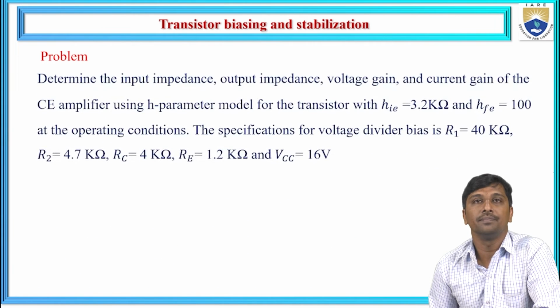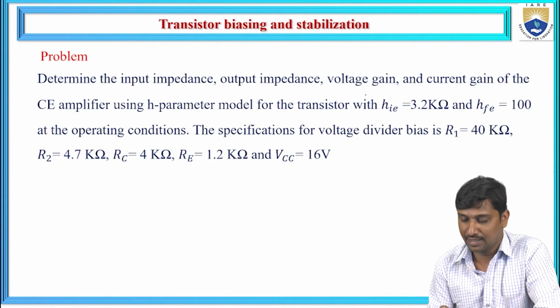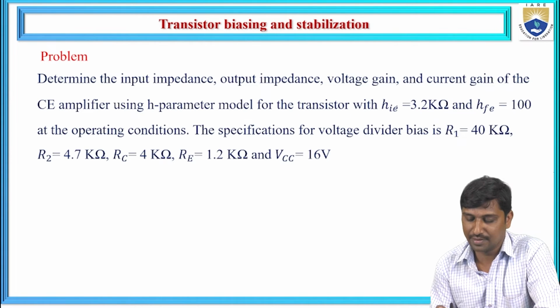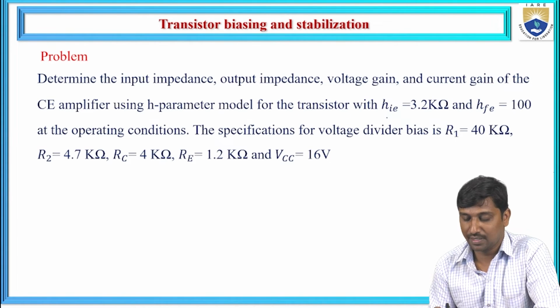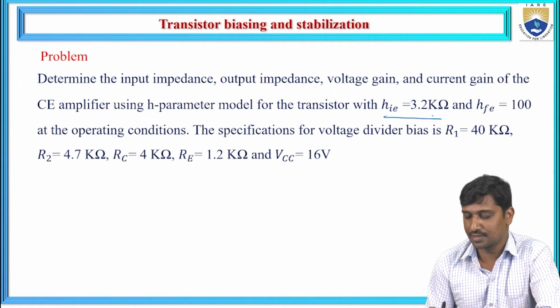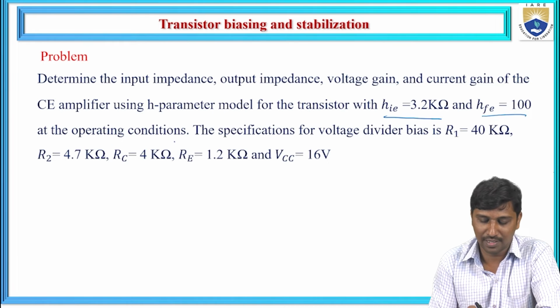Let's see another problem. Determine the input impedance, output impedance, voltage gain and current gain of the CE amplifier using the H parameter model for the transistor. They have given the H parameters: HIE is 3.2 kilo ohms, HFE is 100 at the operating condition.